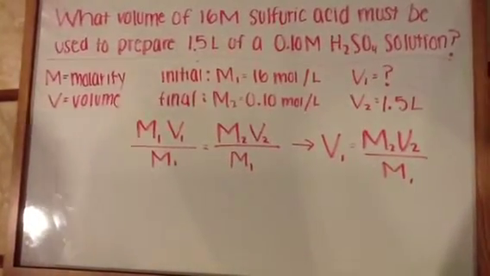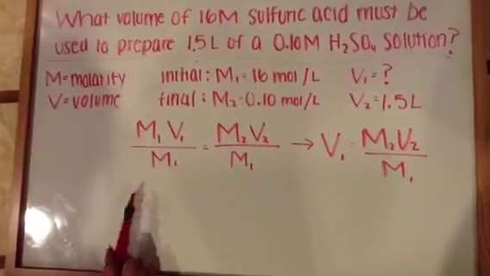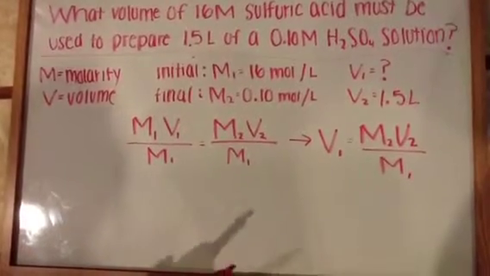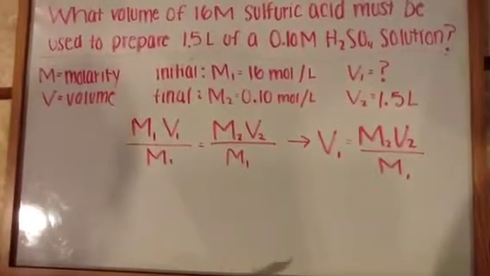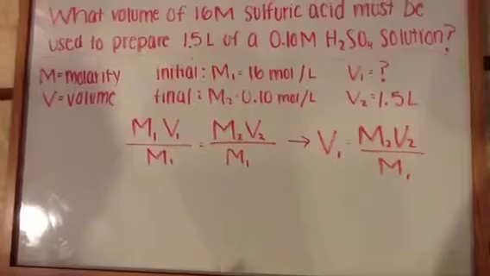The equation to solve it is M1 times V1 over M1 equals M2 times V2 over M1, or V1 equals M2 V2 over M1.